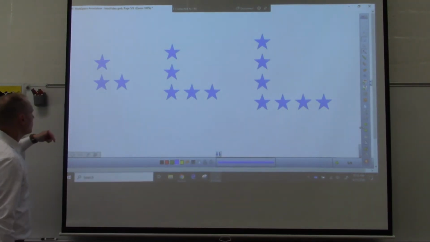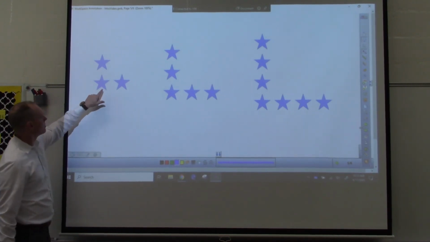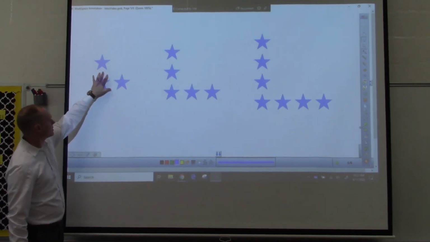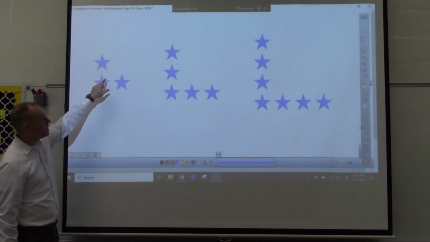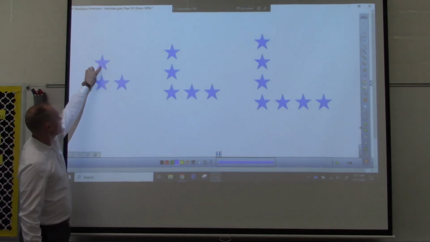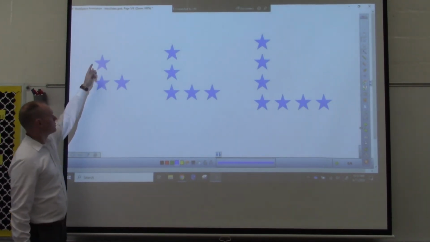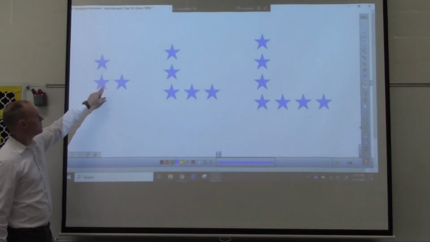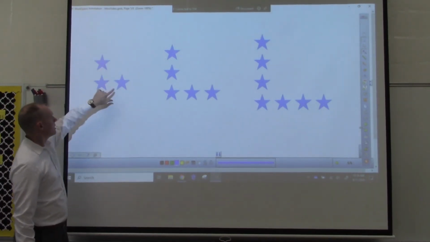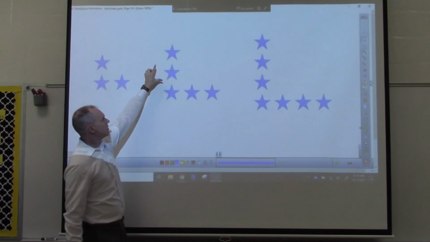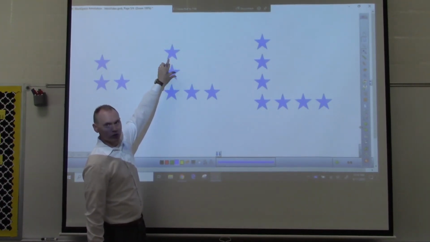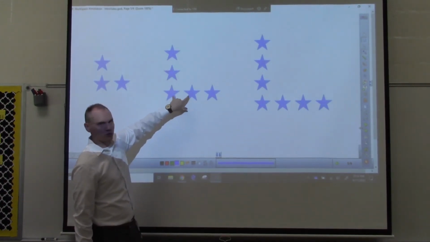Others of you may have thought that the pattern number, so this is maybe pattern number 1 or step number 1, is at the top. So we have one star, and that goes along with the first step here. So step 1, 1 star, and then 1 more below it. Up here we have step 2, so 2 stars, and then 3 below it, always 1 more.